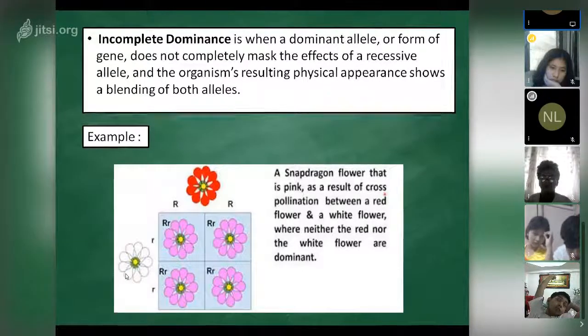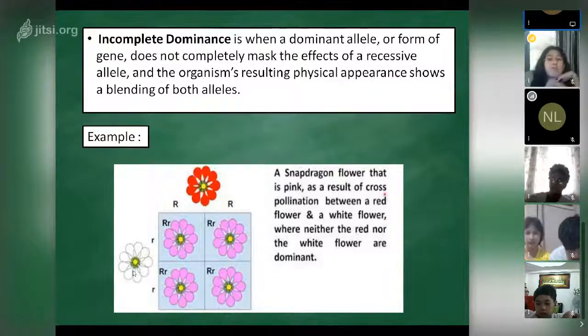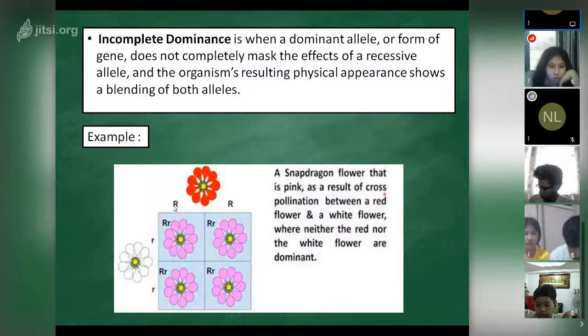So in non-Mendelian inheritance, we are going to assign letters. One is a capital letter, and the other one is a small letter. Let's say your father is red, so you assign capital R, capital R. Your mother is white, small letter r, small letter r.